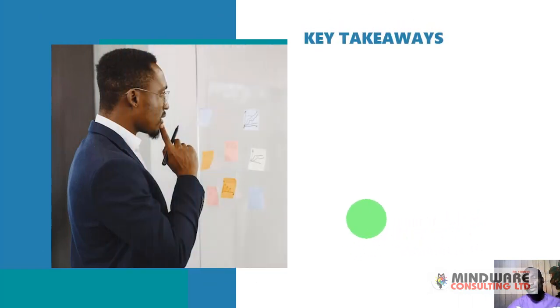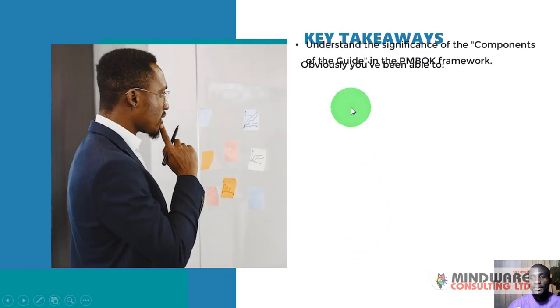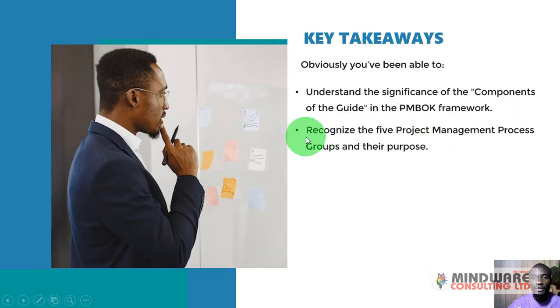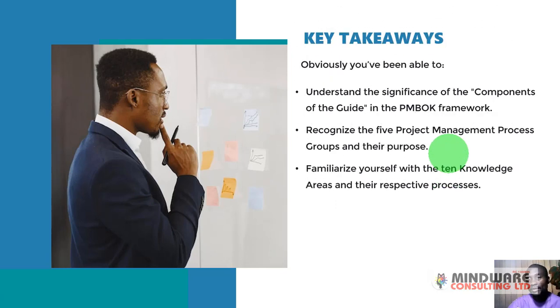All right, so let's look at some key takeaways from this section. Obviously, you've been able to understand the significance of the components of the guide in the PMBOK framework. We've also recognized the 5 project management process groups and their purpose in helping you complete your project successfully.